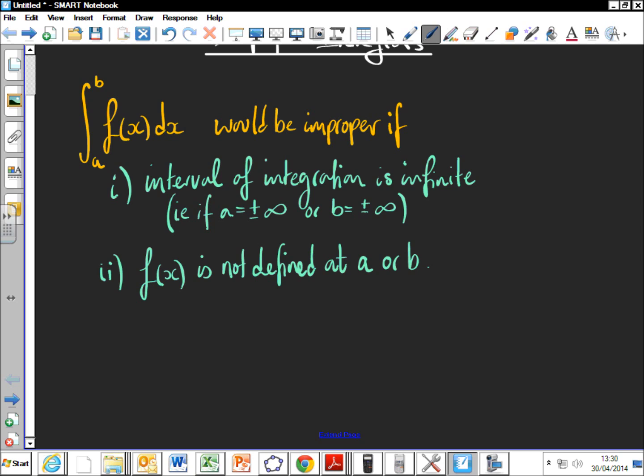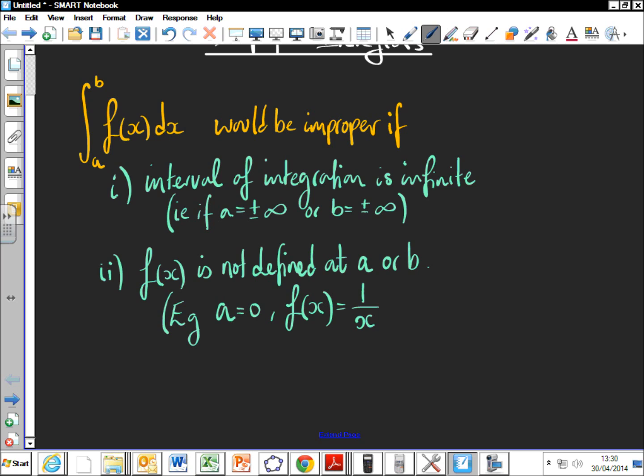Would you like me to give you an example of that? Okay. So e.g., let's say A equals 0, for example, and the function you're trying to integrate is 1 over x. So it's not defined when x is A, which is 0.